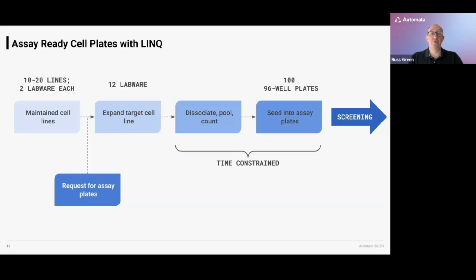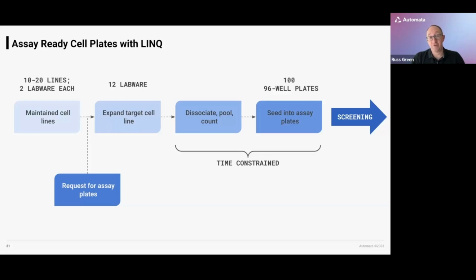And then at some point, a user is going to request some assay plates in a few weeks' time. And that will trigger some further activity around growing up more cells. So in this case, we're going from 2 labware to 12 pieces of labware to get enough cells to be able to dispense into every well of 96-well plates.